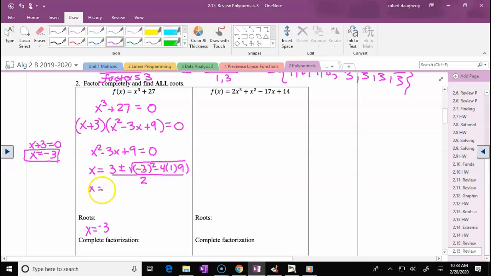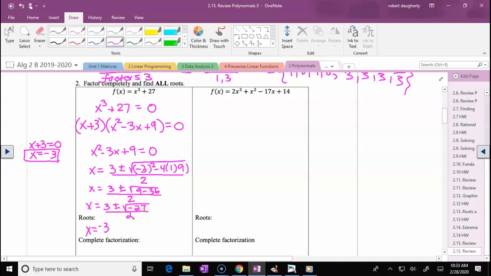So this is x equals 3 plus or minus the square root of 9 minus 36, all of this over 2, okay? And so 9 minus 36, that's going to be what, negative 27? So this is x equals 3 plus or minus the square root of negative 27 over 2.